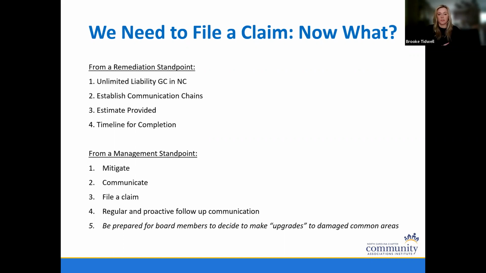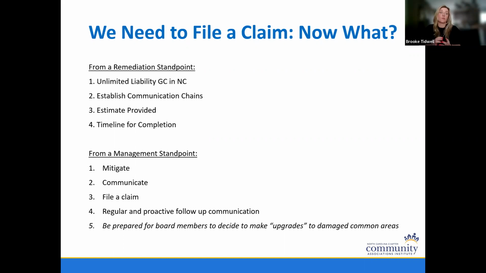So again, make sure you're familiar with what you're authorized to do and do it to minimize any damage that's going to be occurring on common property or property that the association is responsible for insuring. Then communicate with the board of directors first, of course, and then any affected property owners or tenants. Next step would just be to file a claim.